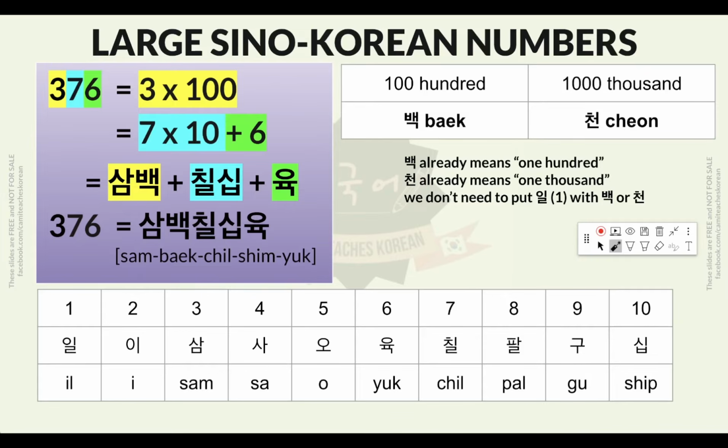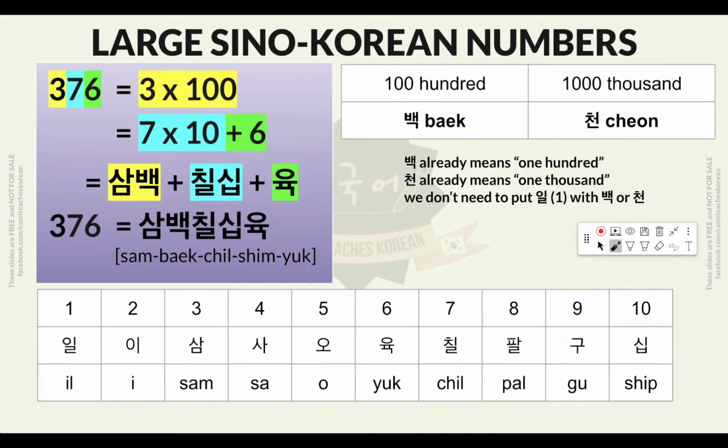Wala pa po akong video regarding that, but hopefully I'll be able to make a video about the reading rules in Korean. But for now, kung ano po yung naka-romanize dito is already the most natural reading in Korean. So, 삼백칠십육 is the most natural way to read it. 삼백칠십육. 376.